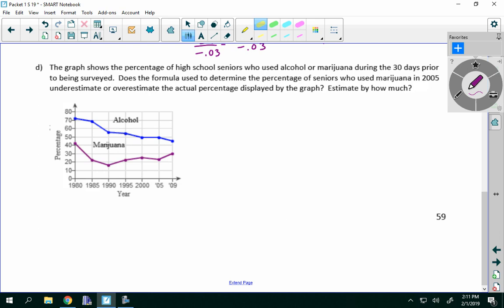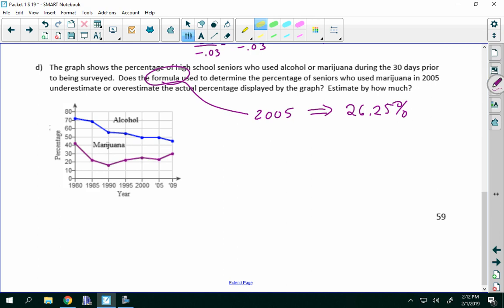Estimate by how much? Okay, well, what did our formula predict for 2005? We predicted that in 2005, 26.25% of high school seniors would have used marijuana. So let's take a look at our graph to see the actual value here.